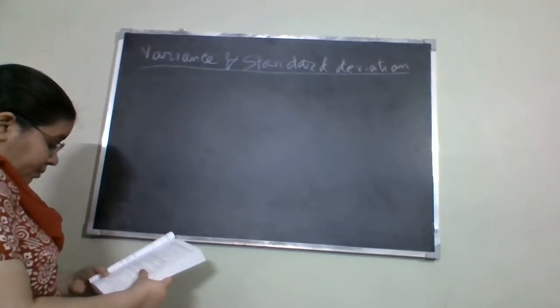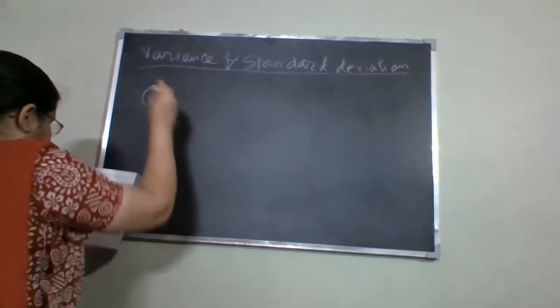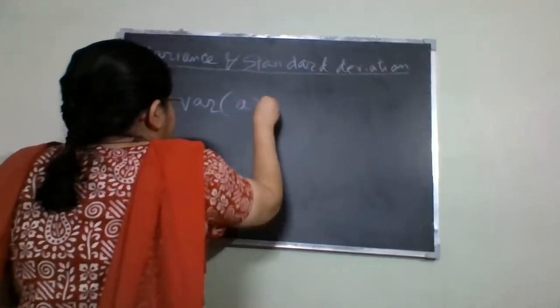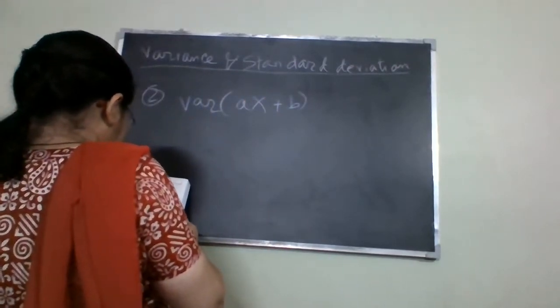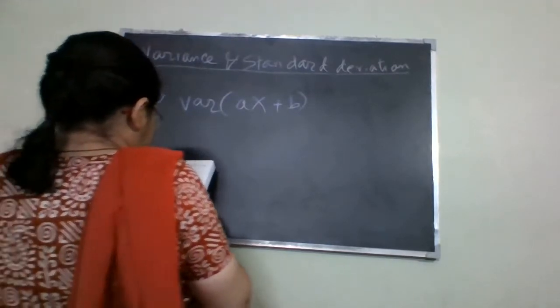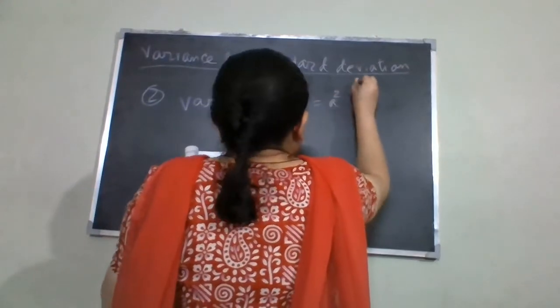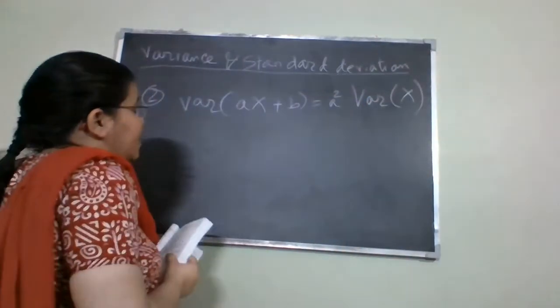Now my theorem number 2 is Var(aX plus b) is equal to a squared Var X. This is my second theorem.